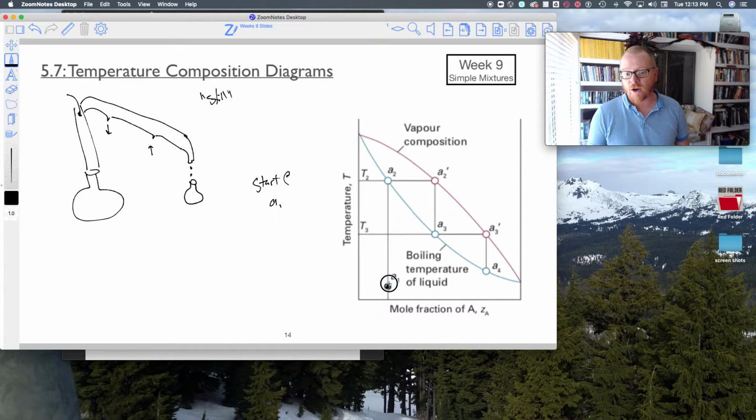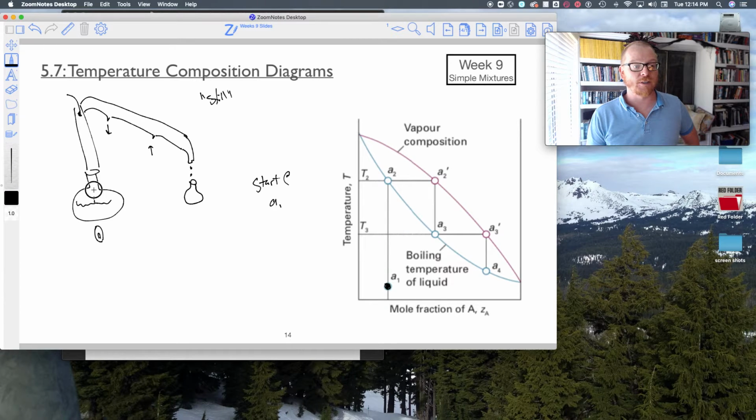It's not quite on this line, because this blue line gives me the boiling temperature of the liquid at any one of these compositions. And as you can see, when the mole fraction of A is pure, there's a lowering of the boiling point by adding more stuff, so that makes sense, okay?